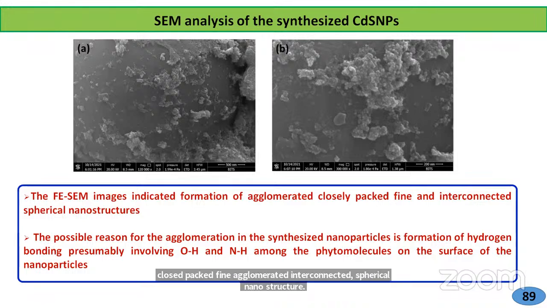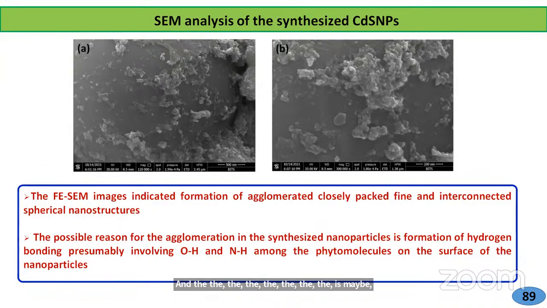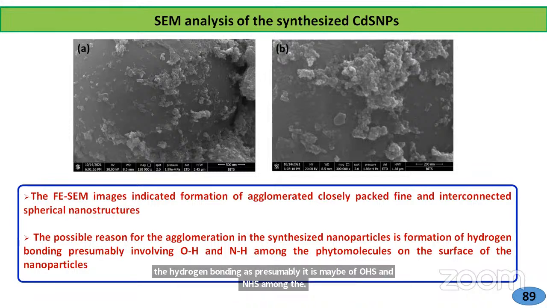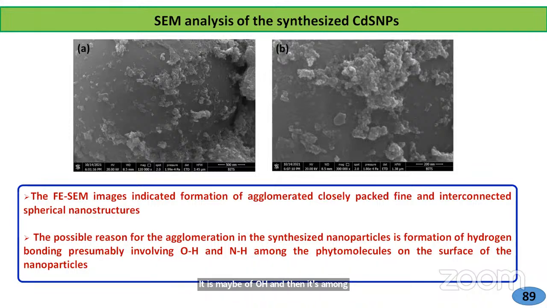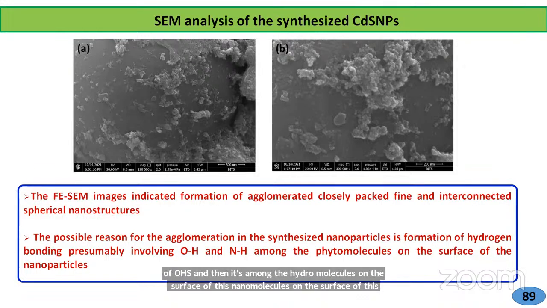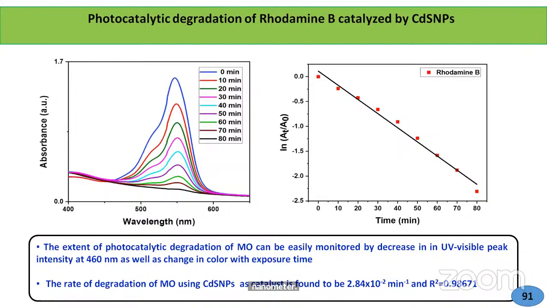The agglomeration is maybe due to hydrogen bonding, presumably of OH and NH among the phytomolecules on the surface of this nanometal. Why am I highlighting the phytomolecules? Because they are the main agents which facilitate the activity of these nanomaterials.